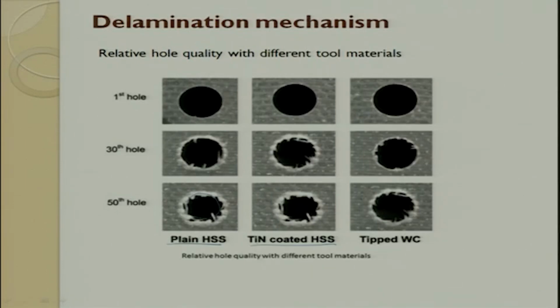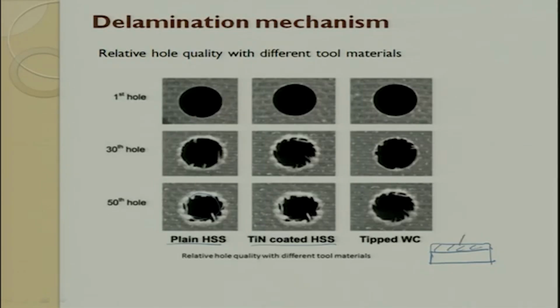Here you should understand, when the TiN coating is given, the coating thickness plays a very important role. If it is done by a CVD route, the coating thickness is high. Then there is a possibility of delamination at the interface between the tool and the coating.